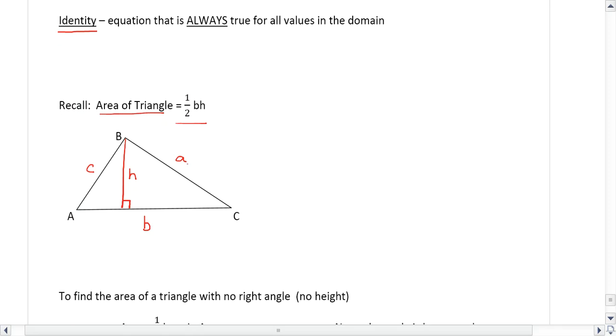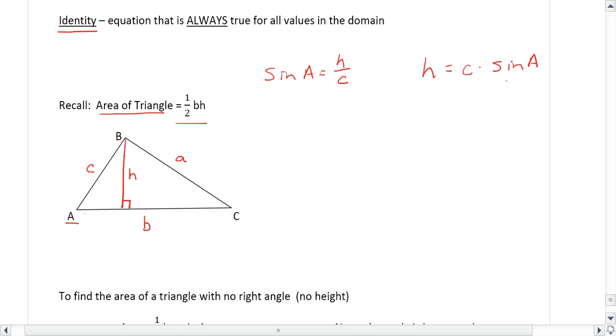So let's start by looking at the sine of angle A. In this little triangle that we've drawn here, angle A is right here, H is opposite from angle A, and C is the hypotenuse. So the sine is H over C. And now if we solve this for height, if we multiply both sides by C, I get height equals C times the sine of A.